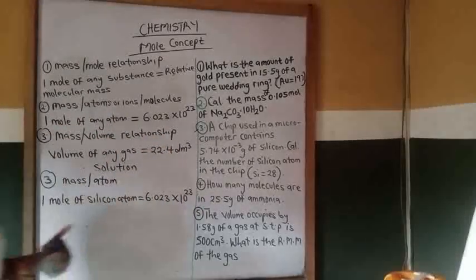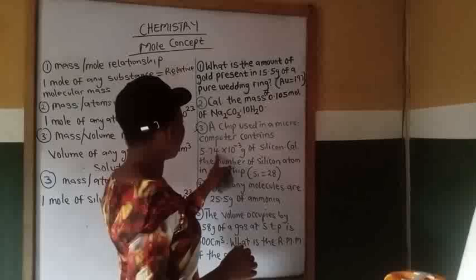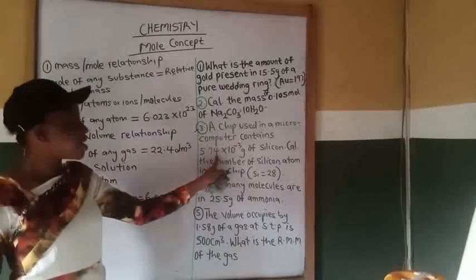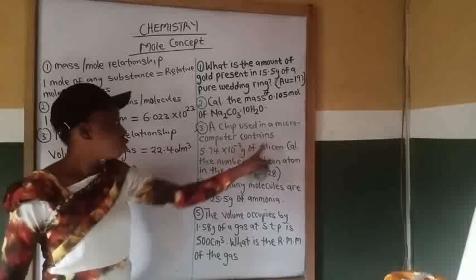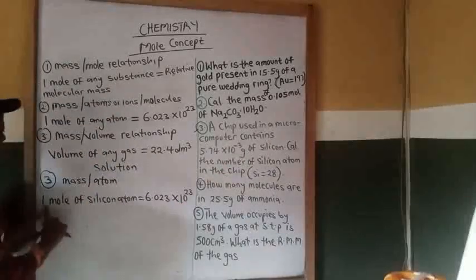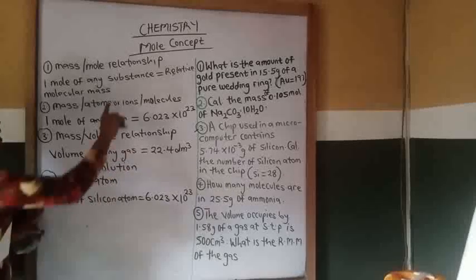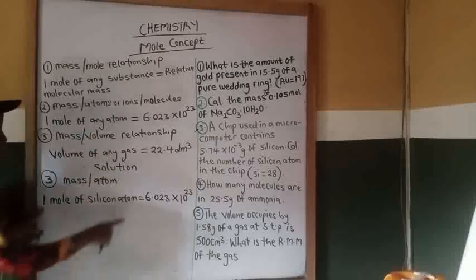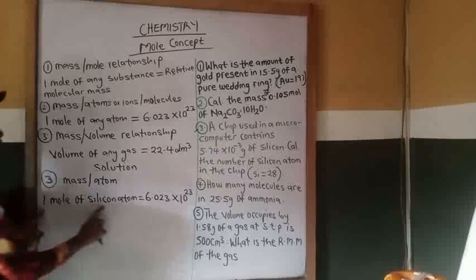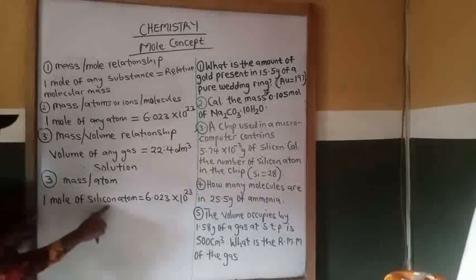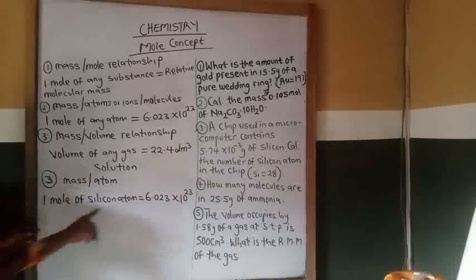Then you go back to your question. From our question we have mass in gram, mass in gram of silicon. Don't forget that 1 mole of any atom is equivalent to the molar mass of that atom. So I can change this 1 mole to the mass of silicon. 1 mole of silicon is equal to the molecular mass of silicon.